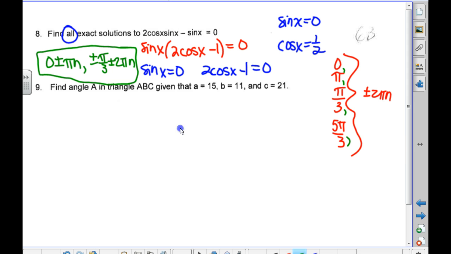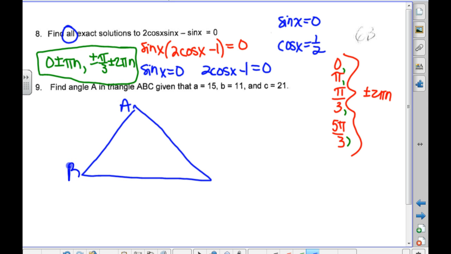Then we get to number 9, and we're just looking at law of sines and cosines stuff again. It says we have some triangle ABC. Side A across from angle A is 15, side B is 11, and that's across from angle B, and side C is 21, across from angle C. It says find angle A specifically, so that's the one you need to find, okay?